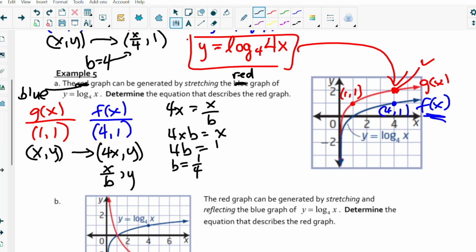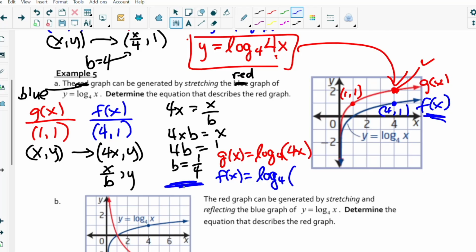So this is what I do. I'm going from the red one, g of x equals log base 4 of 4x, and I'm making the graph f of x. F of x equals log base 4. Well, where do I insert this b value of 1/4?